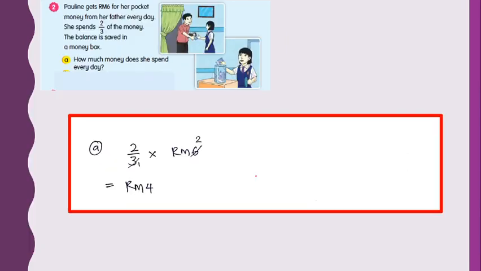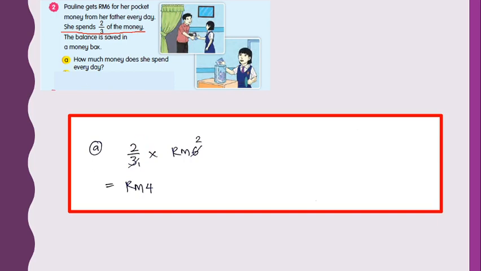Okay. So next one, question number 2. So the question, how much money does she spend every day? Okay, we have to understand the situation here. Her father gave her 6 ringgit every day. So she spent 2/3 of the money.